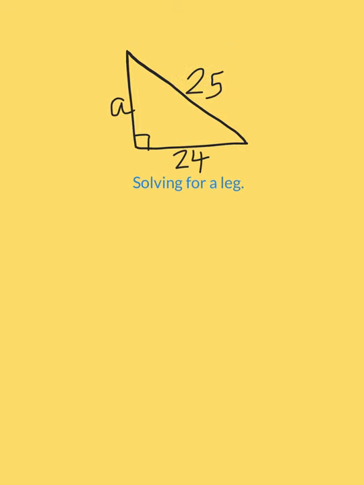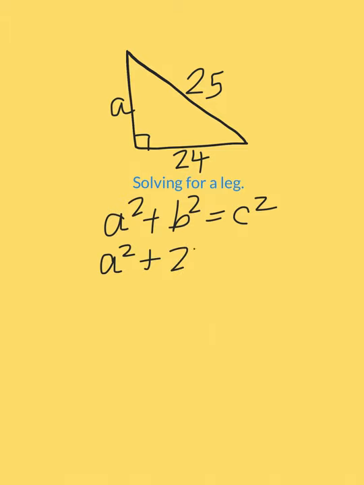All right, here's an example of how to solve for a leg. I'm going to write down the Pythagorean theorem. It's a squared plus b squared equals c squared. It looks like the unknown is a, so this is going to be a squared. B is 24, so 24 squared. The hypotenuse is 25, so 25 squared.